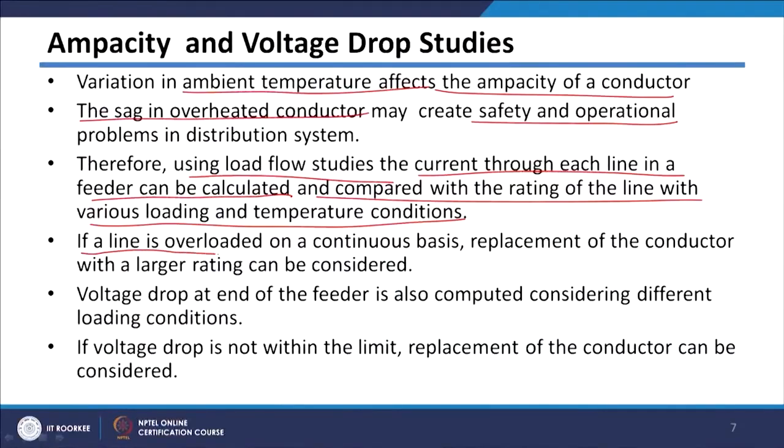For various loading and temperature conditions, we can run the load flow studies, calculate feeder currents, and compare them with the rating of the line. If a line is continuously overloaded, the replacement of the conductor with a larger rating can be considered, or we can plan for putting another conductor in parallel with that conductor.